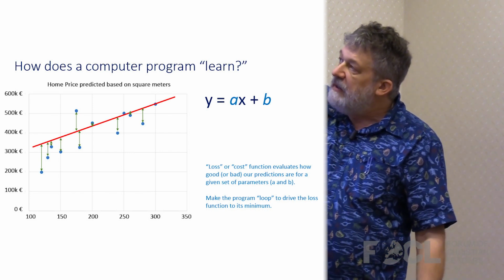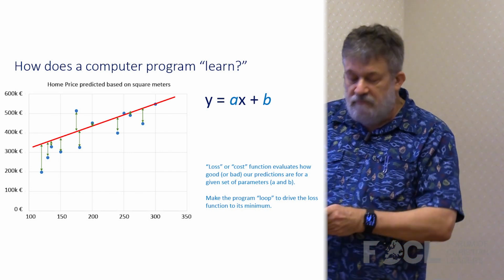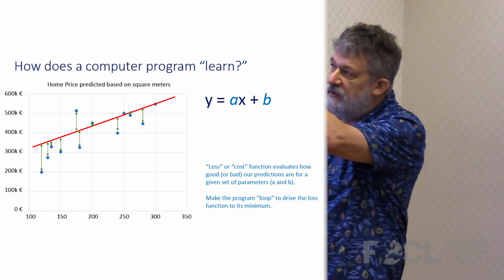Well, we can have a program that just guesses those numbers, and maybe it doesn't even get as close as this, and then after it guesses those numbers, we can numerically evaluate how close it came by taking the distance from every one of those points and figuring out the average distance to the line. It's a little more advanced mathematics, but basically the average distance between the dots and the line, and we want to minimize that.